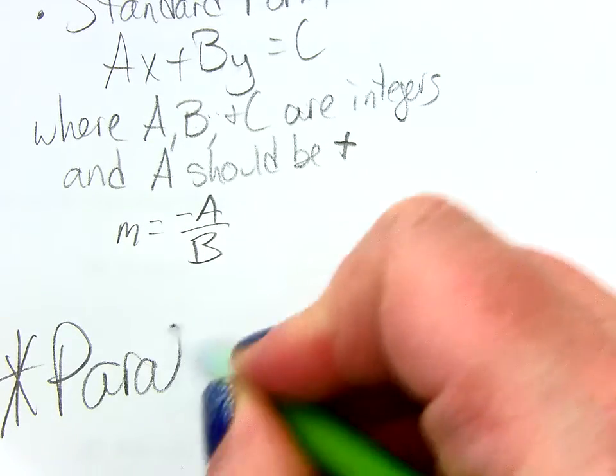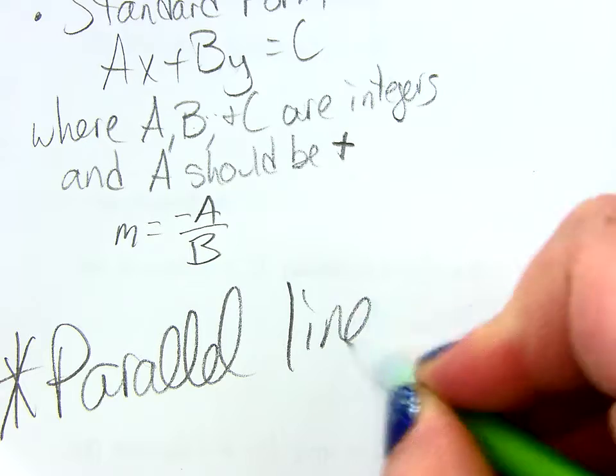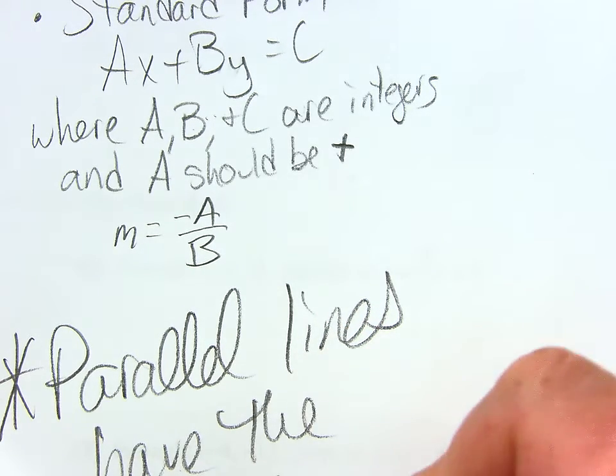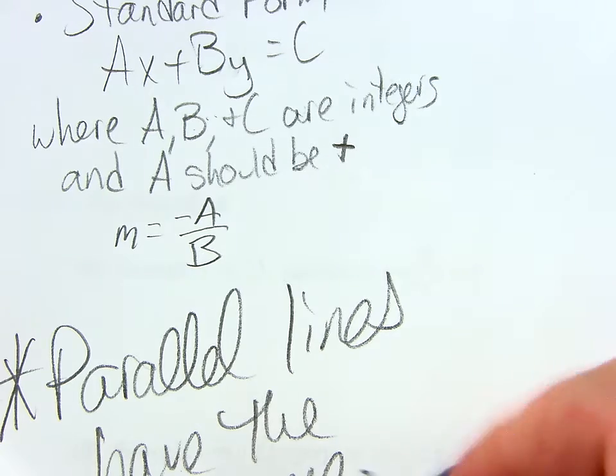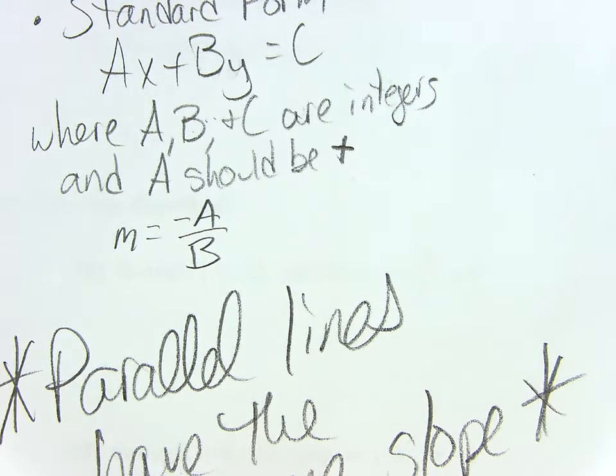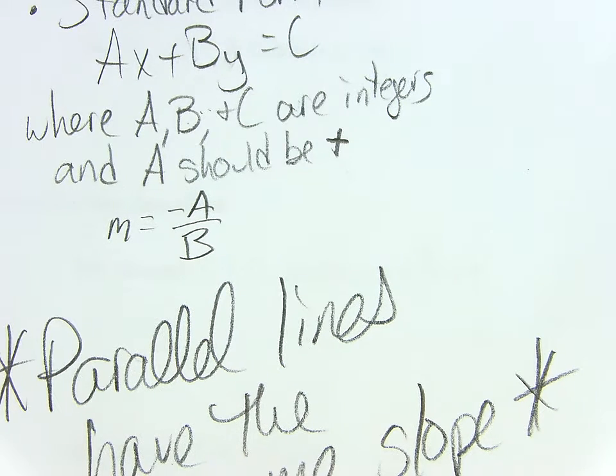Parallel lines have the same slope. And when I say same, I mean exactly the same. So if it's -2, so is the other one. You can't have 2 and -2. They're not the same. Exactly the same. 4/7, 4/7. -19, -19. Exactly the same.